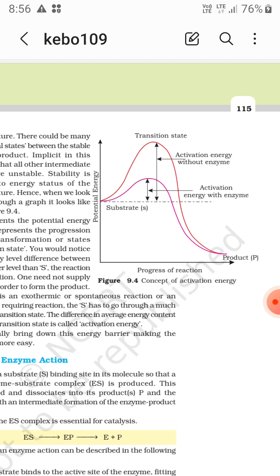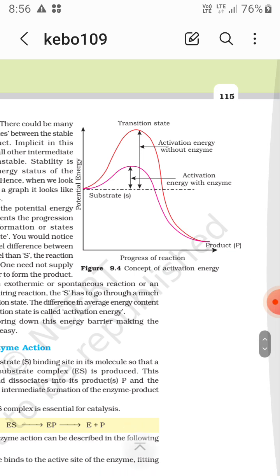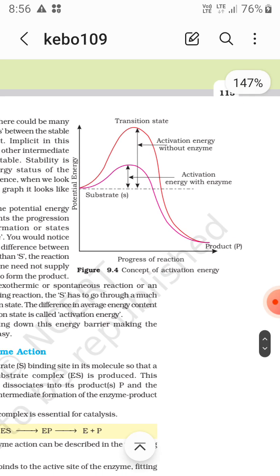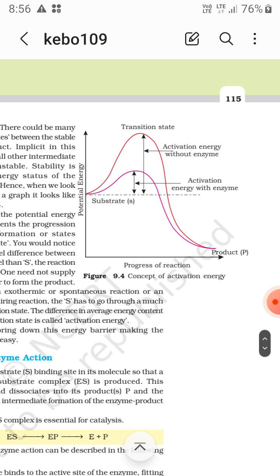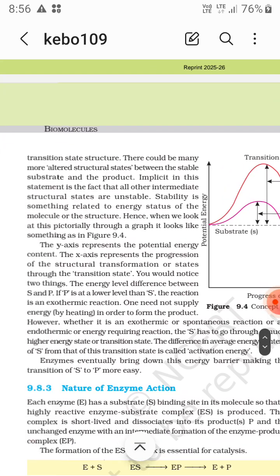There is a substrate, then a product, and a so-called transition state, and between the substrate and product there are many more altered states. All these are unstable, right? So the activation energy without enzyme is a larger barrier, and there is a smaller activation energy barrier with enzyme. So this is the diagram.